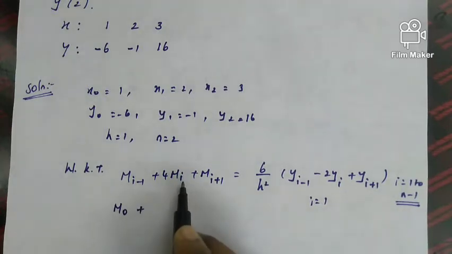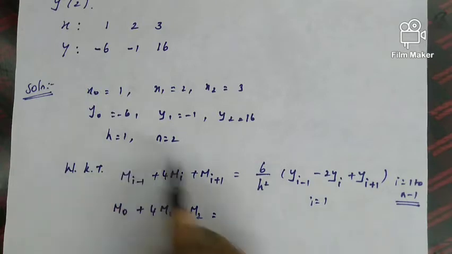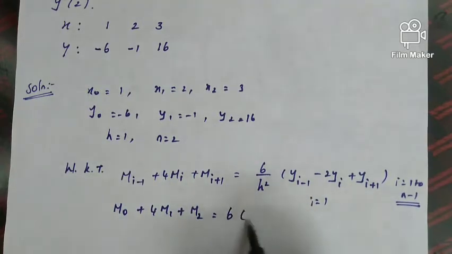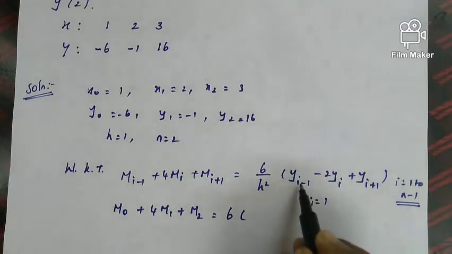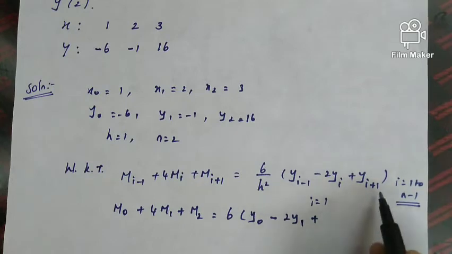plus 4m1, plus 1 plus 1 is 2, so m2, equal to 6 by h square. h is equal to 1, so we need to write only 6, into y(i minus 1), 1 minus 1 is 0, that means y0, minus 2y1, plus y(i plus 1), that is 1 plus 1 is 2, so y2.